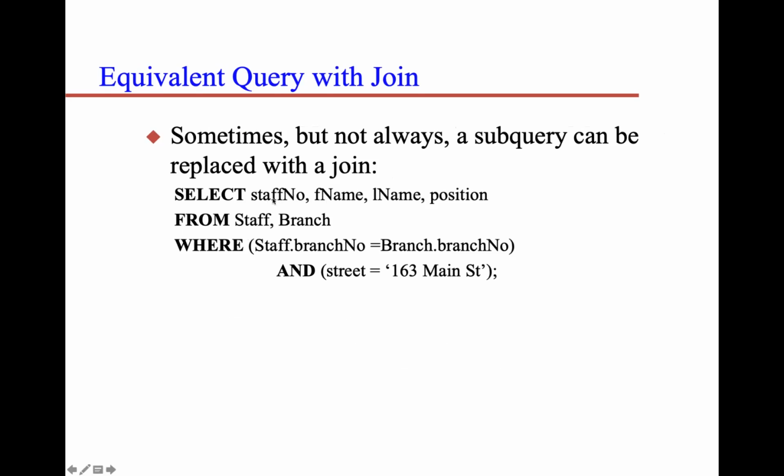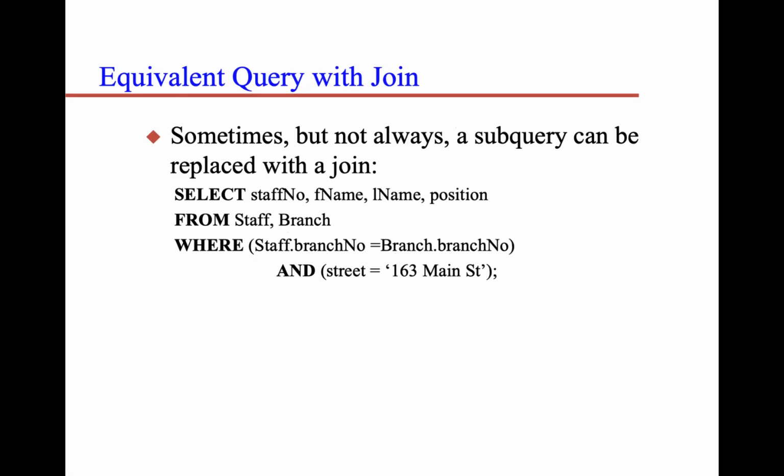I could have simply selected the staff from staff, comma branch, where the branch numbers are equal and the street is 163 Main Street. So in many cases, subqueries are simply syntactic sugar, and you could write an equivalent join query with it. I don't care which way you do it. If you feel more comfortable with subqueries, use subqueries. If you feel more comfortable with joins, use joins.